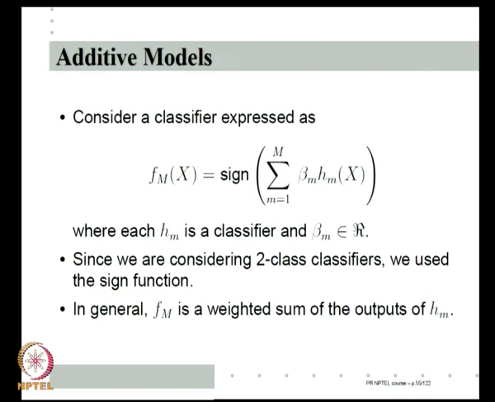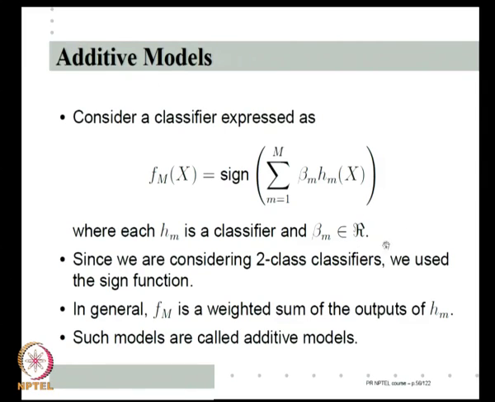In general, f M is a weighted sum of the outputs of h m. Of course, f M need not be a classifier, it could be a regressor, just a function model. So, any f M that is a weighted sum of outputs of many h m is called an additive model.